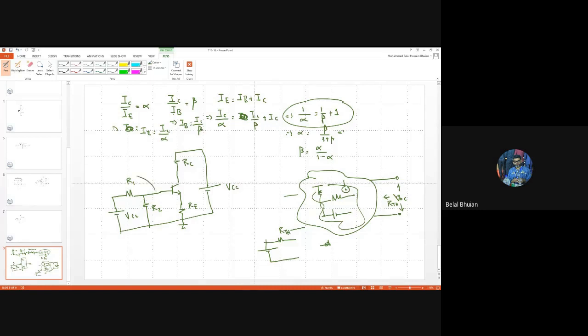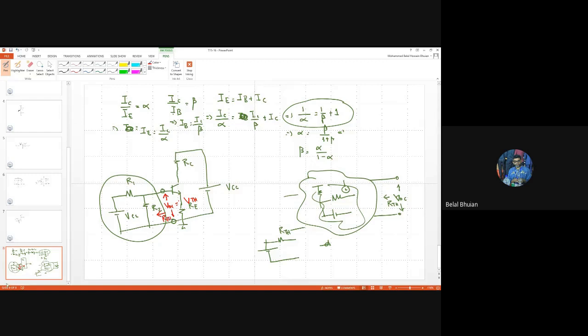And what is the rule when you want to replace anything using Thevenin's? First of all, we disconnect it from here. Likewise, we disconnect it from here, and then we determine VOC, which is in fact our VTH, and then we also determine RTH.